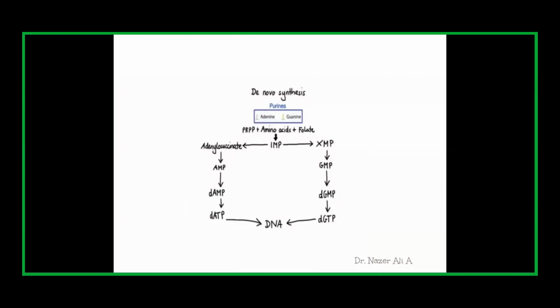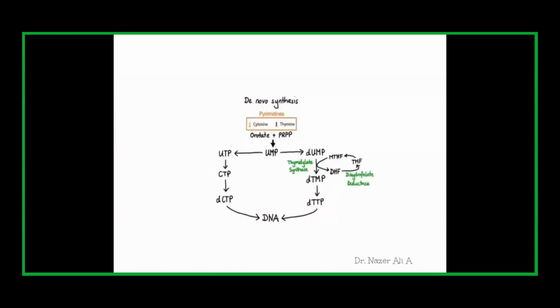Cancer cells are actually highly dependent on the de novo synthesis of nucleotides to maintain sufficient pools to support the DNA replication and the products of the RNA. So as a result, the purine and pyrimidine synthesis, after the de novo synthesis, through which only the nitrogenous bases will be incorporated into DNA.